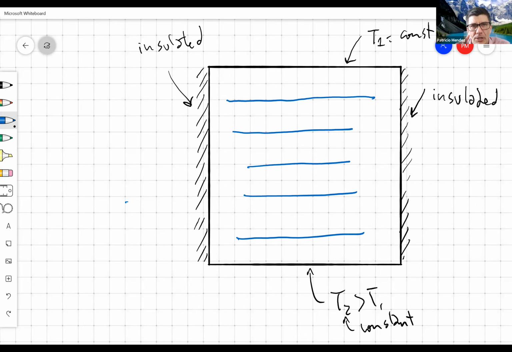But we also know that if a surface is insulated, this is an adiabat. So this is an adiabat. This other one is an adiabat because it's an insulated surface.